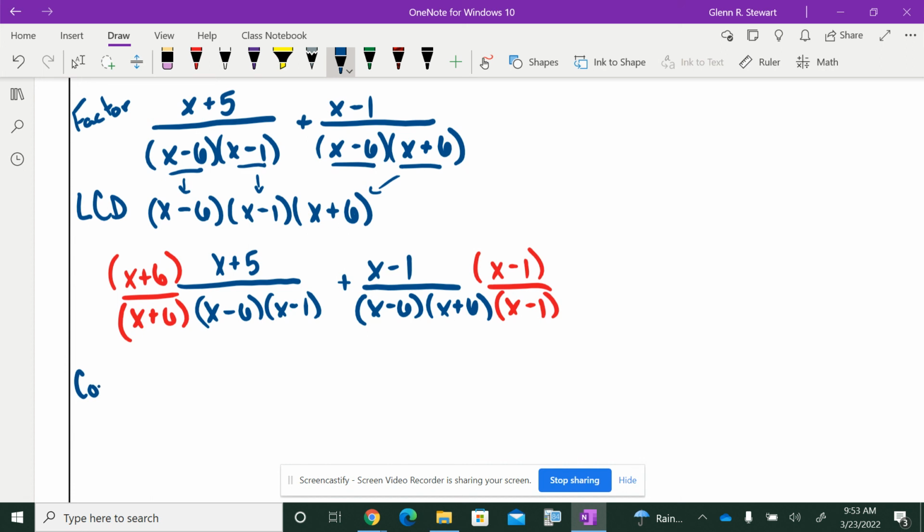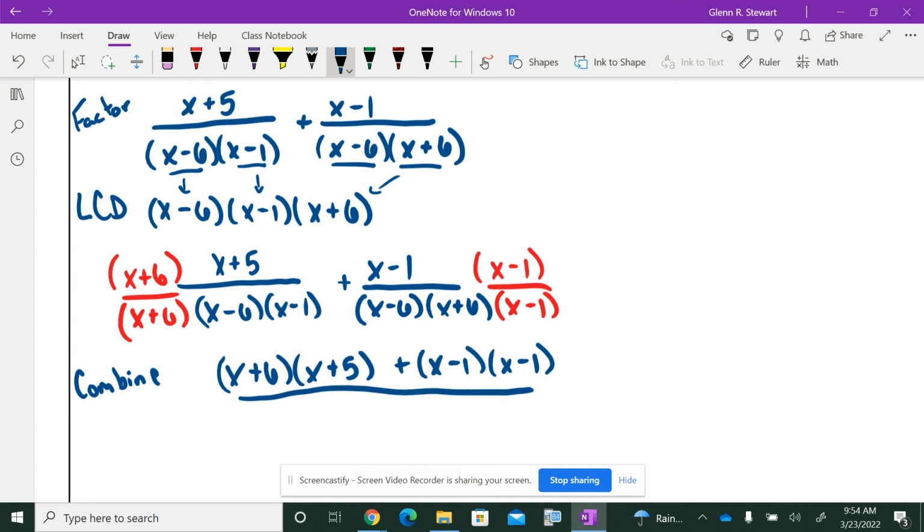I'm going to combine. So I'll have x plus 6 times x plus 5 plus x minus 1 times x minus 1 all over. And then it doesn't matter which order you put these in. Just need to make sure that you have them all.